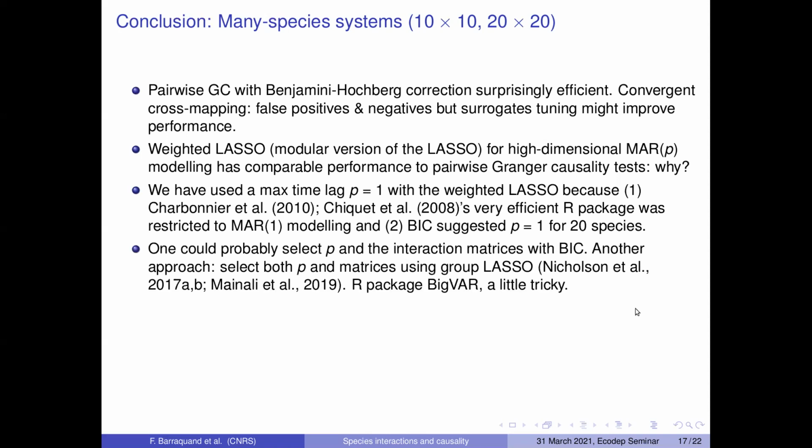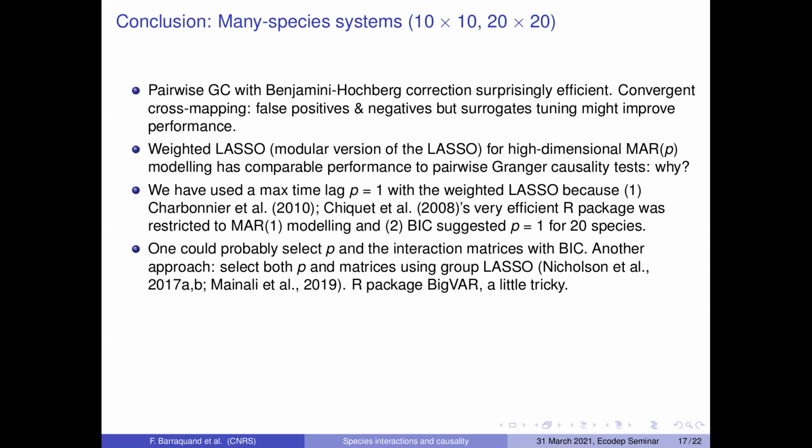So how to do that? It's probably possible to do a joint selection of both the maximum number of time lags and the interaction matrices with BIC. And another approach, which I think is a little more tricky, is to select both the number of time lags and the structure of the interaction matrices using the group lasso. And there are people in econometrics who do that.